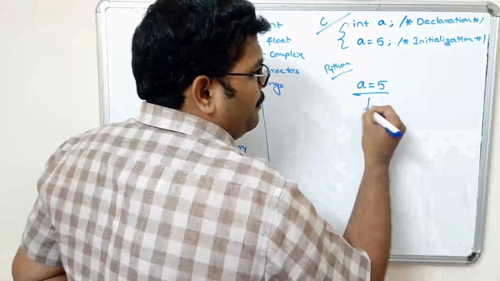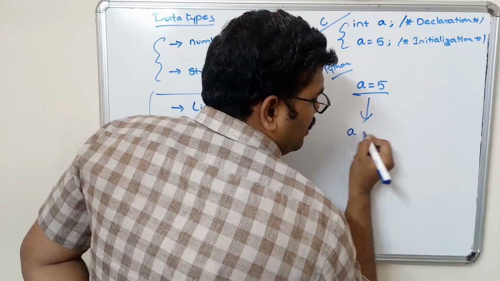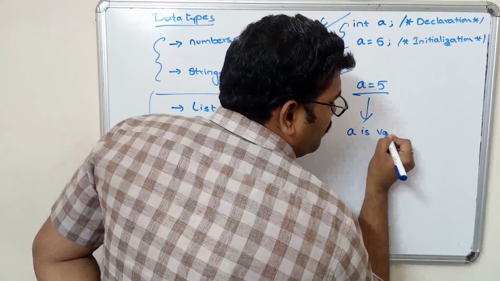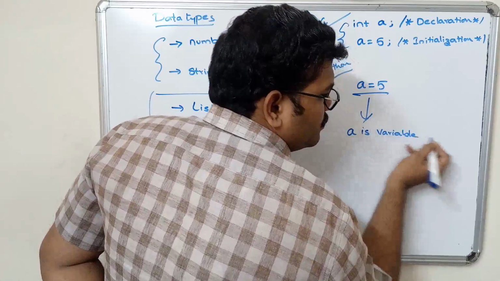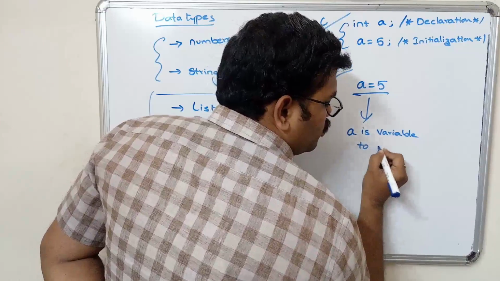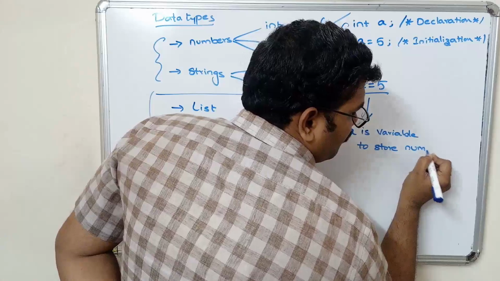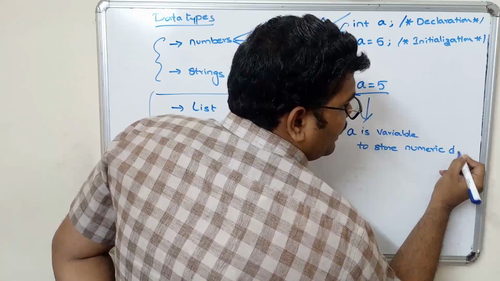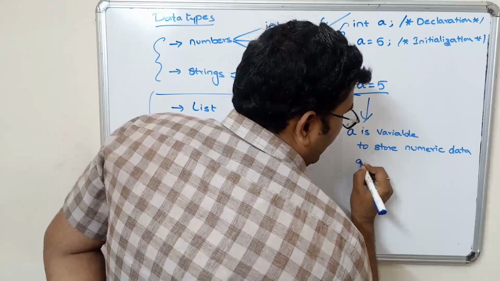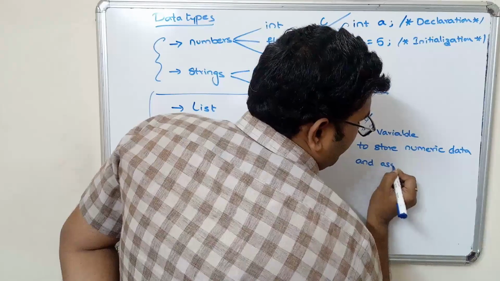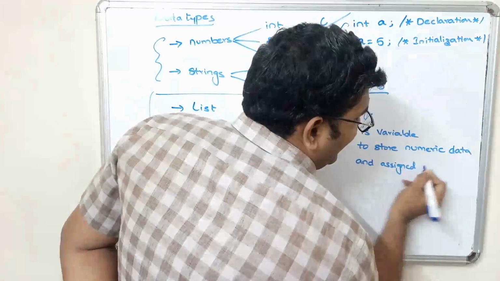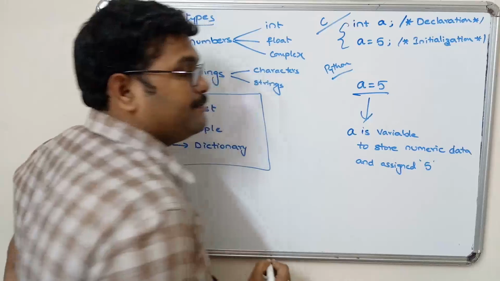So this statement implies a is a variable to store numeric data and assign 5.